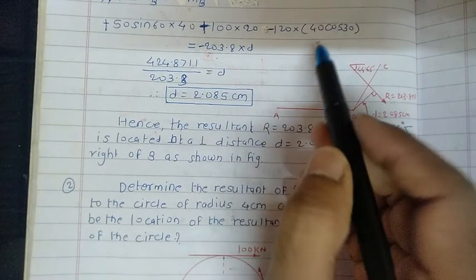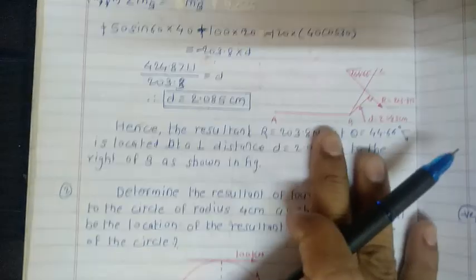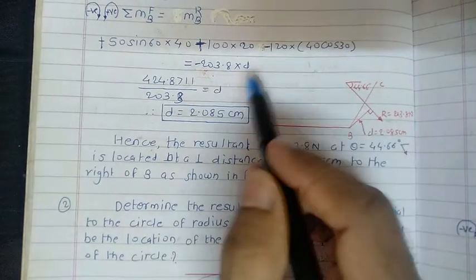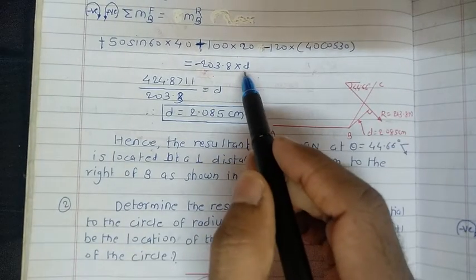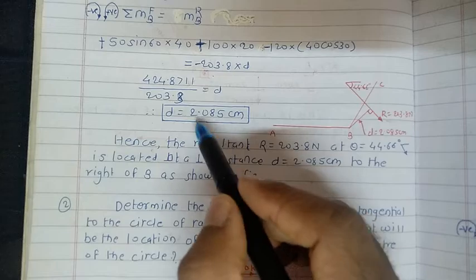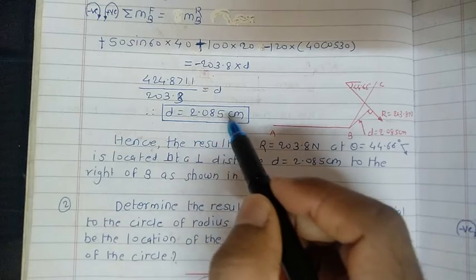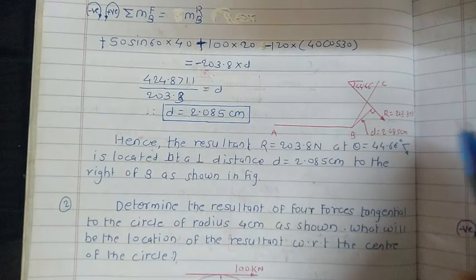If you look at the relation written here, only d is the unknown value. To solve this, you get the value of d equals 2.085 centimeter.